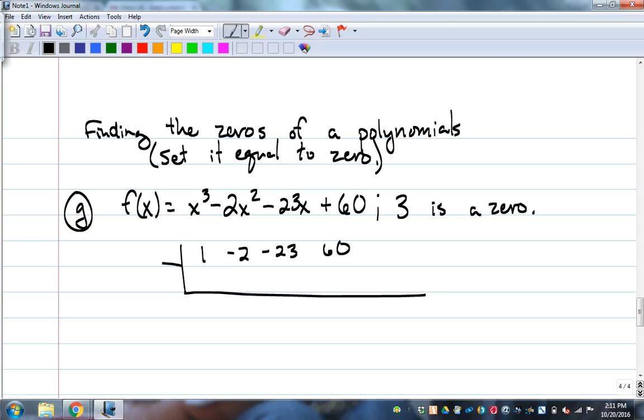So break down, do your synthetic division with that. You already know how to do that, so that's the boring part. Remainder 0. Surprise, surprise.